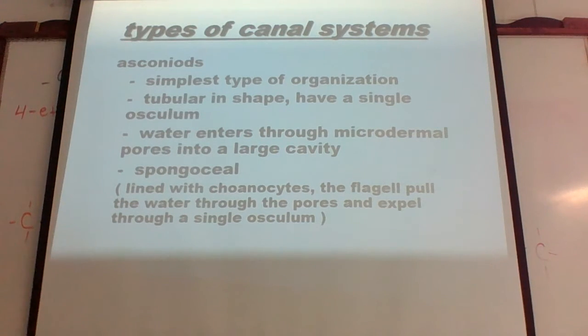One of the things, since these are filter feeders, these animals are very basic. Because how or why are they very basic? Because they lack two tissues, muscular and nervous tissue. That's right.